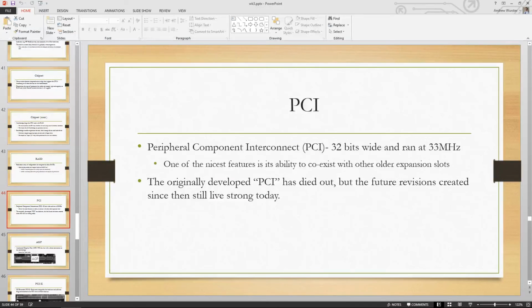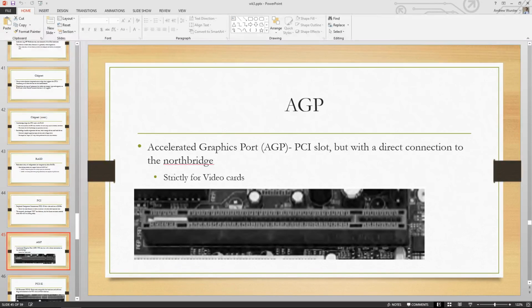So the newer one, called AGP, is only for video cards. It's generally a brown color and has this little white spacer there. You can't take it out and use it for something else. It's literally built into that.